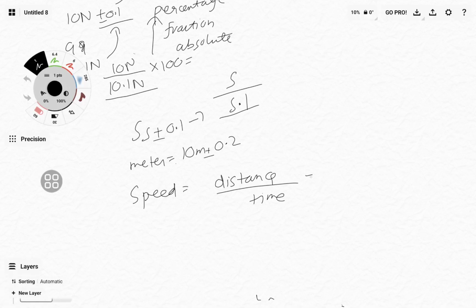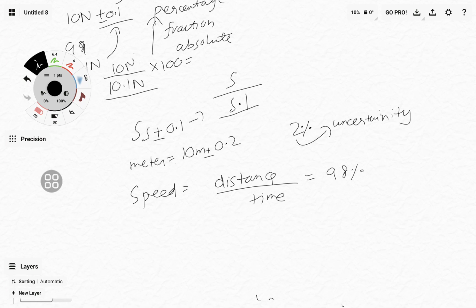So yeah, we get 98% if we divide like this. So 98% accuracy, so it's 2% uncertainty. Time will be, that's the time.